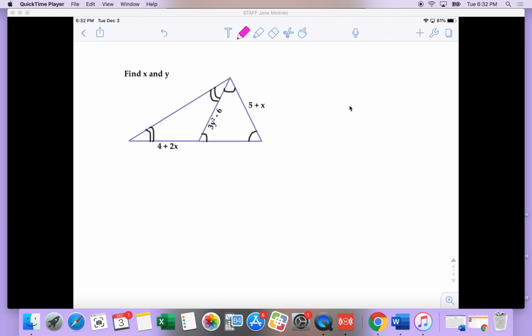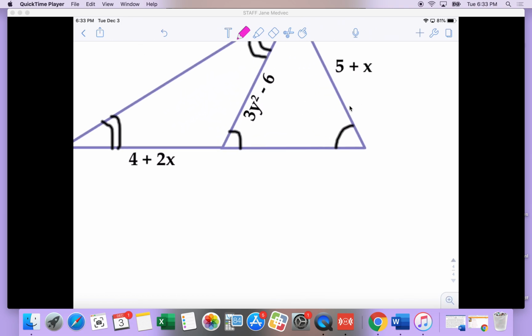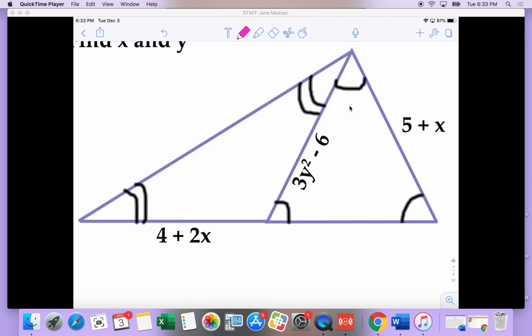Now this one's a little bit loaded. So we're going to take a look at that. If I take a look at this a little bit closer, I know because of these angles here, I know that's an equilateral triangle. Okay. I also know that because of this angle here and this angle here, that other one is an isosceles triangle.